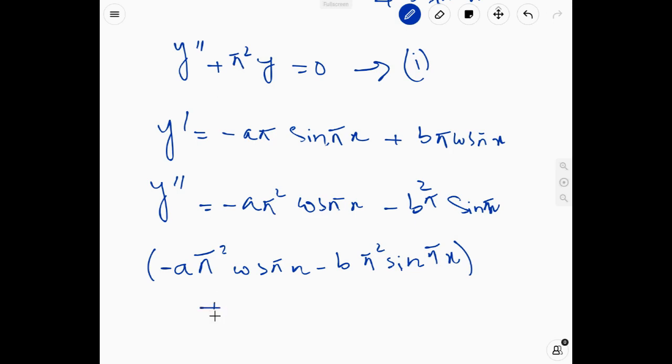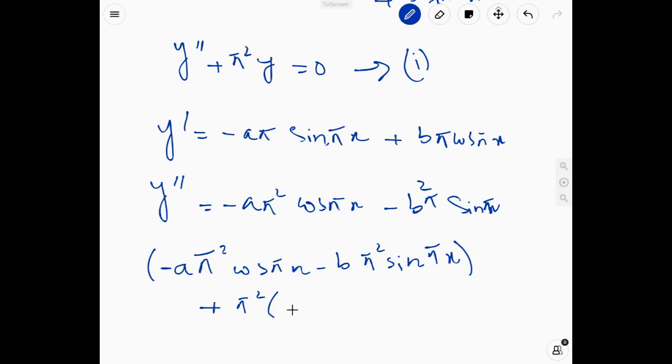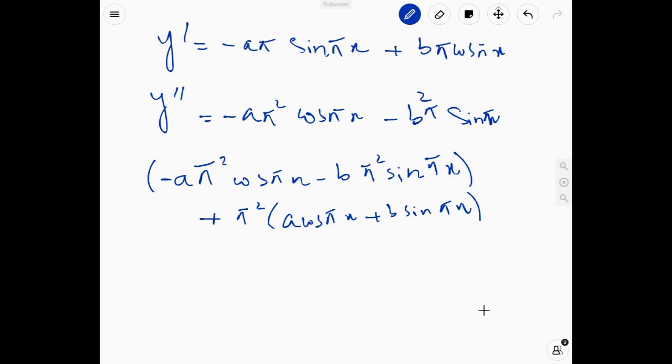And the next quantity is plus pi square and y. What is the value of y? A cos pi x plus b sin pi x. So this is the left hand side.